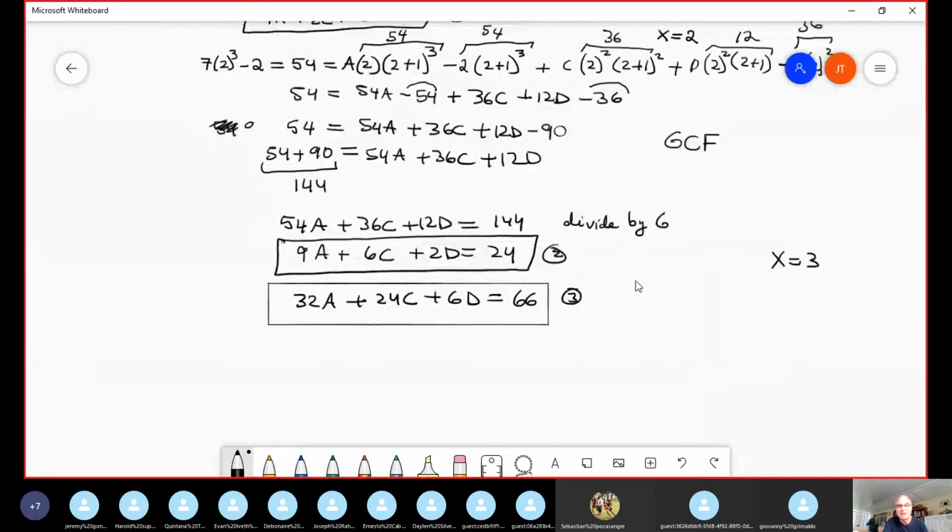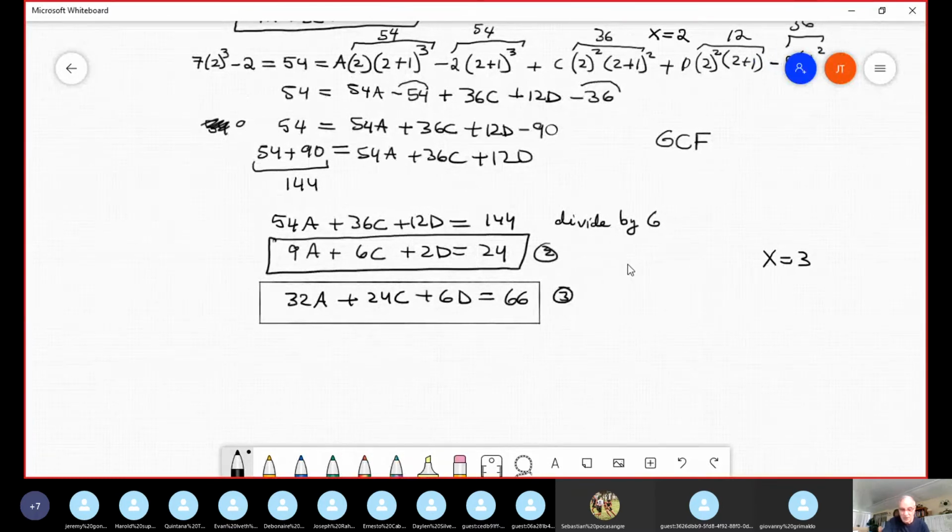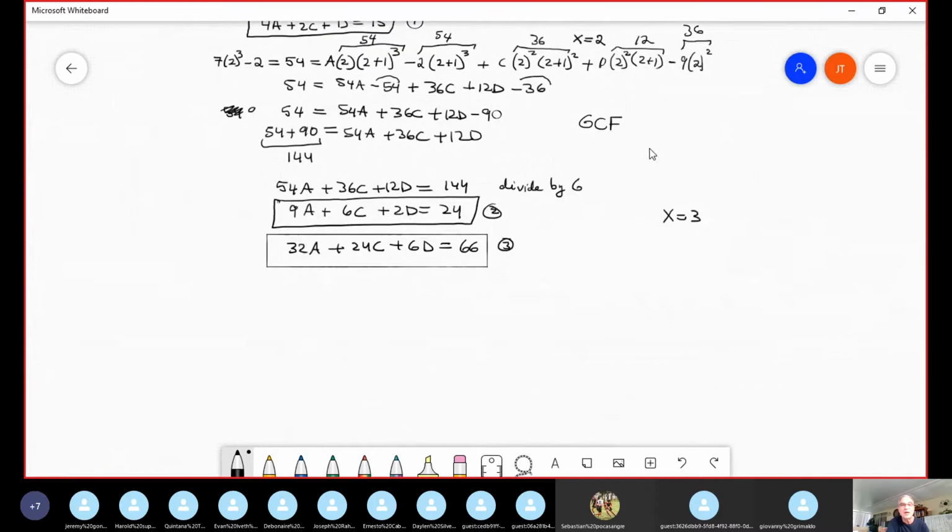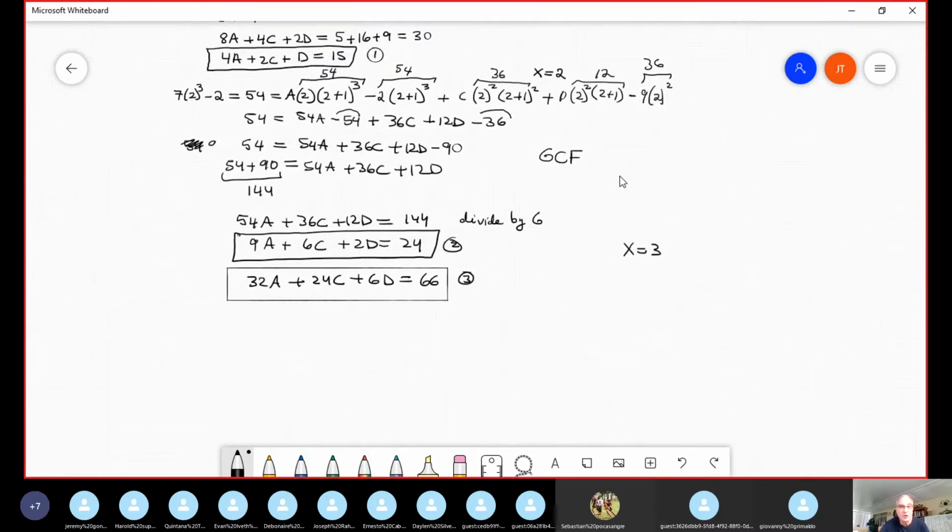Okay. Now, this is the challenge. We have 3 equations and 3 unknowns. Do you want to solve it or accept the idea at home? I have the answer. You know how, right? You take 2 equations. Let me copy the challenge we have right now: 4A plus 2C plus D equal to 15.